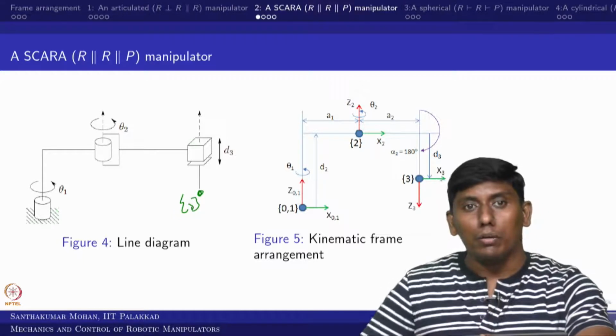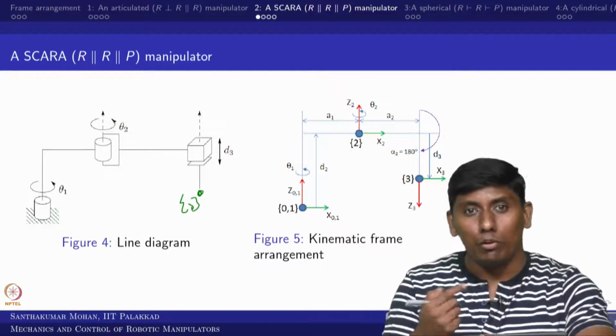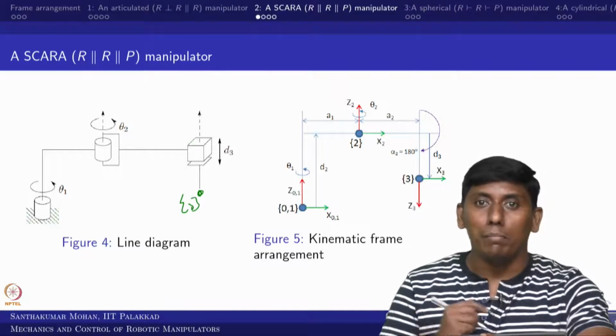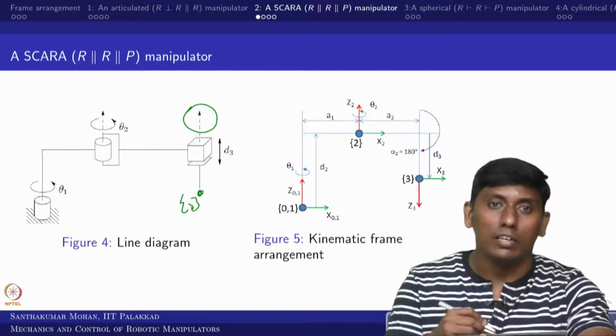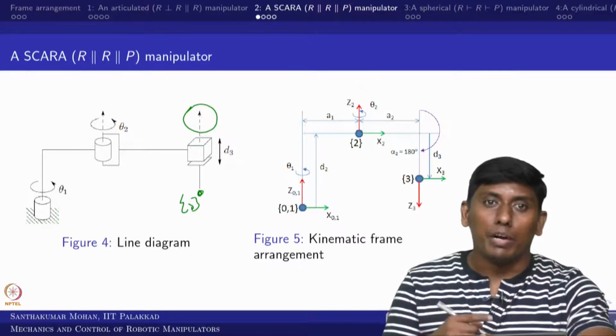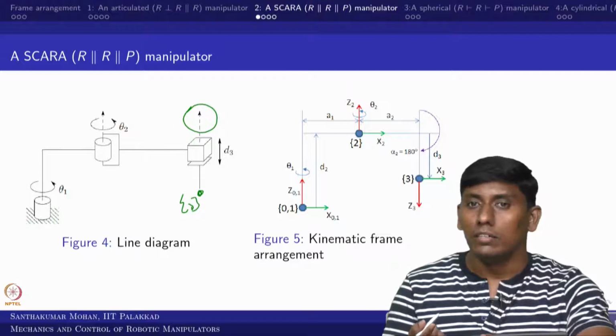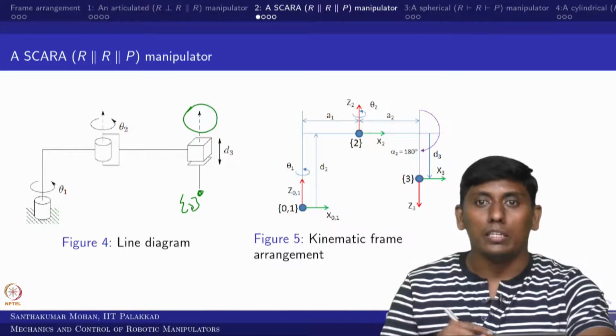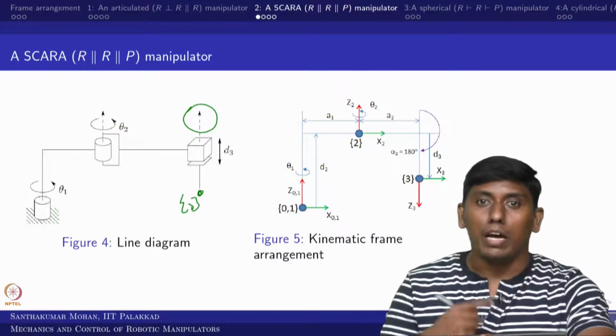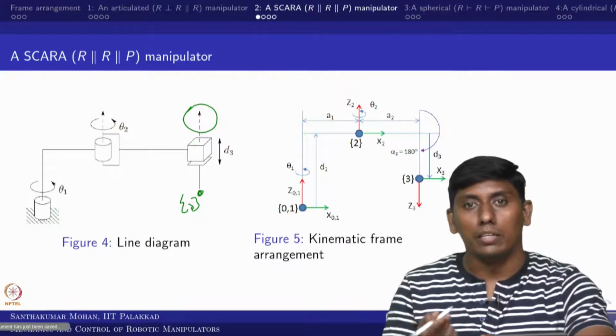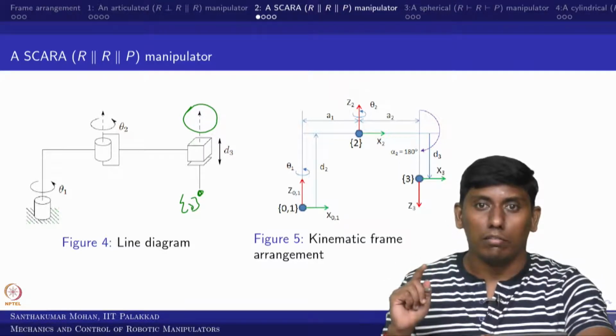We have taken the normal way of taking 4 frames, but now I have simplified. Although this is the positive direction, whenever I substitute d3 I can substitute it as minus, right. When I substitute in the actuator end, when I am trying to control, I can put it as the opposite direction, which is easiest for me.